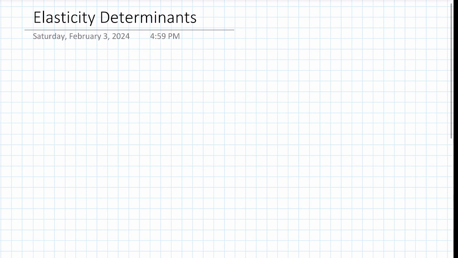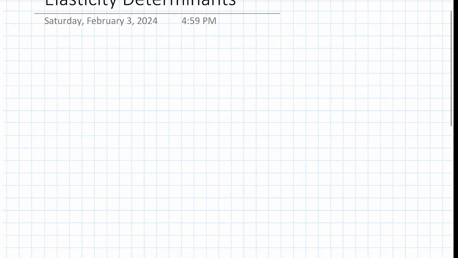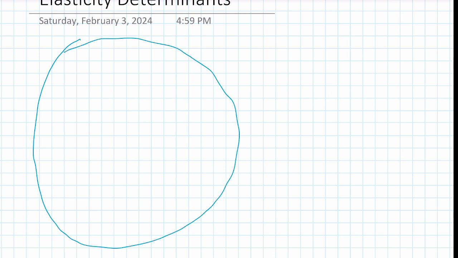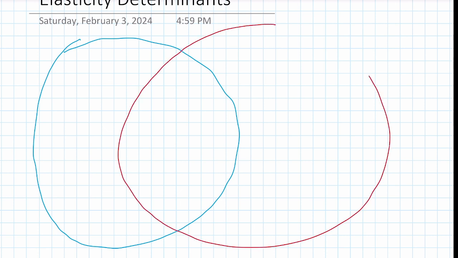Okay, so how do I want to do this? Probably the best way that I'm going to draw this is I'm going to draw a really big circle. Okay, and then I'm going to have to draw another really big circle.